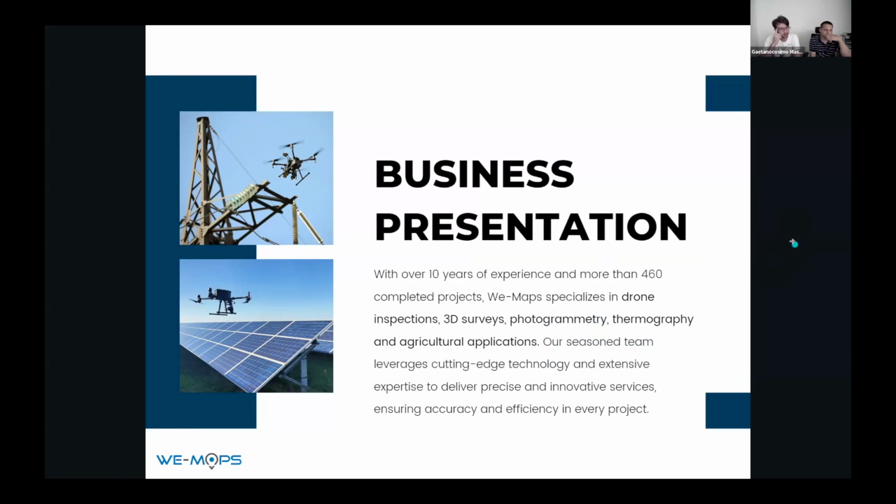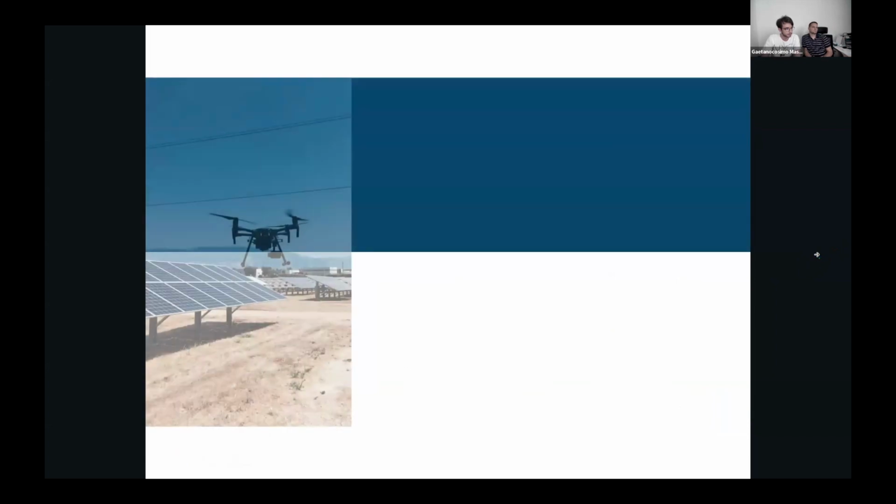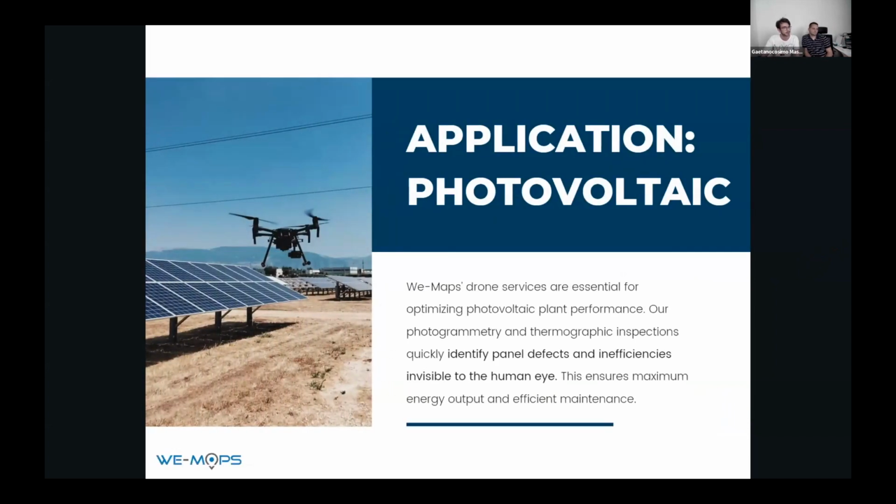And what we do is we offer our services with drones to our clients and our customers, which applications may vary. They have a lot of different possible applications. I'll give you a few examples.